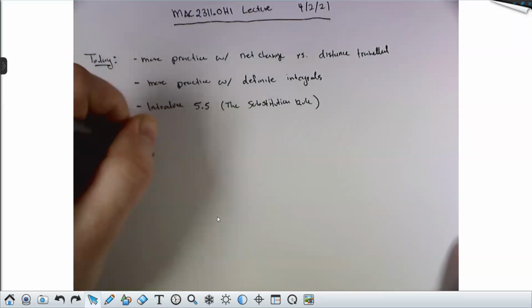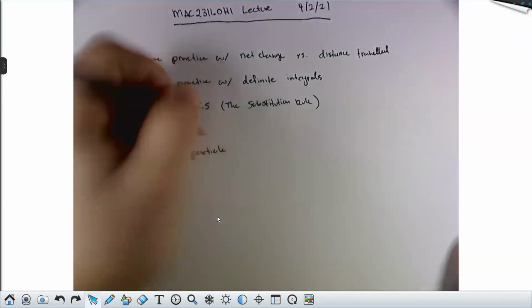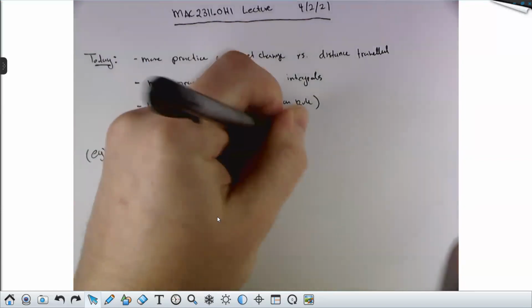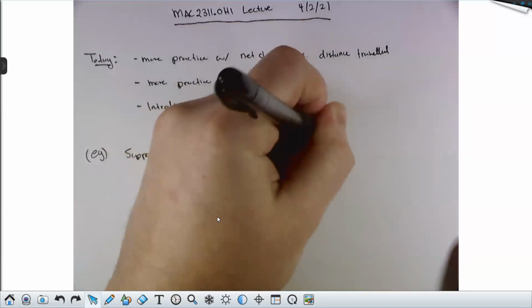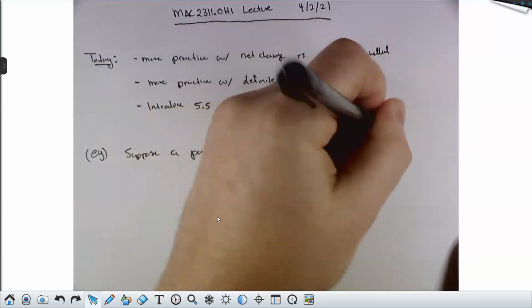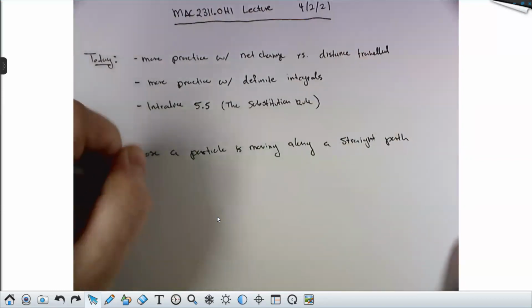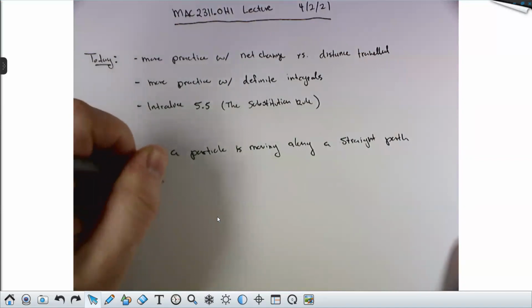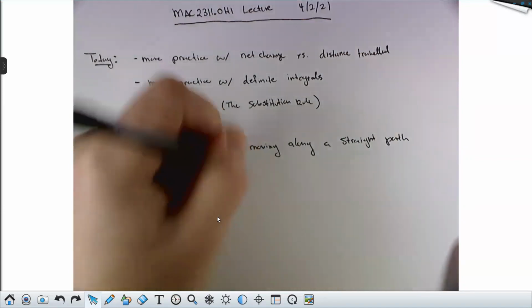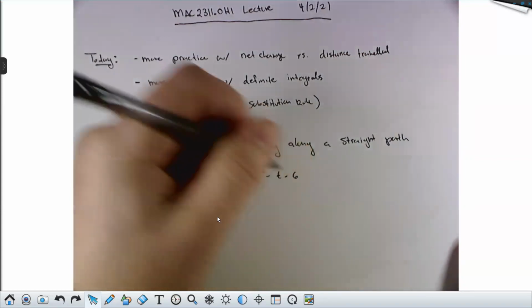Suppose a particle is moving along a straight path with velocity v of t is equal to t squared minus t minus 6.